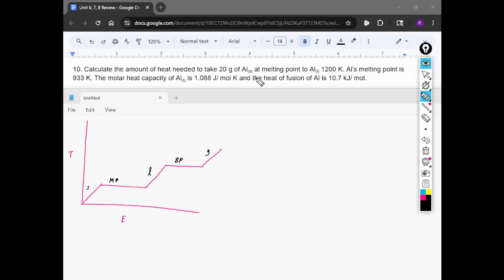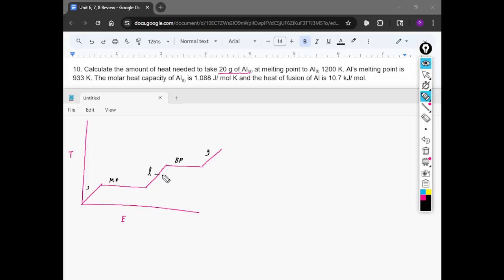Okay, so we're going to take a look at the information that we're given and just see if we can figure out how many lines we need to cross for this problem. So it's telling you to determine the amount of heat needed to take 20 grams of solid aluminum, right? So we're going to start on the solid line somewhere, at melting point, to liquid aluminum at 1200 K. So we're going to take it from solid to liquid.